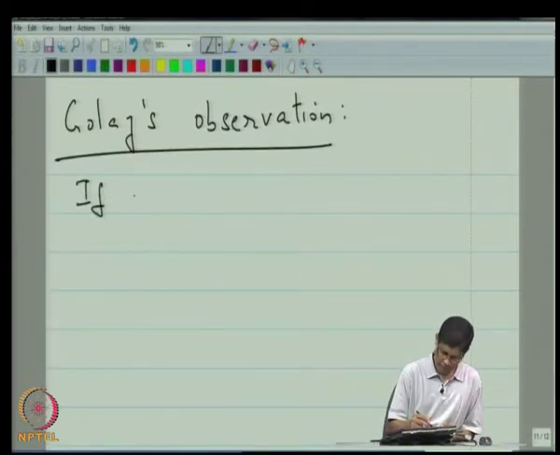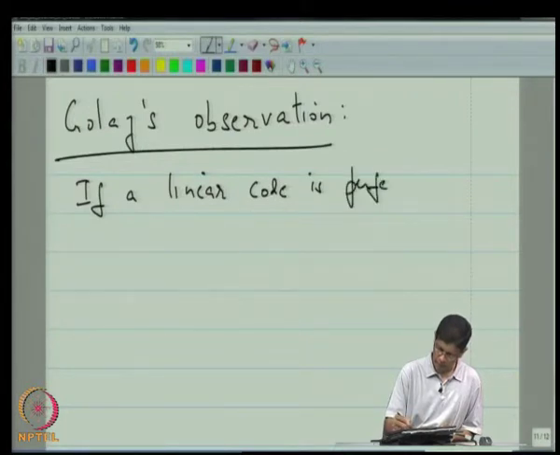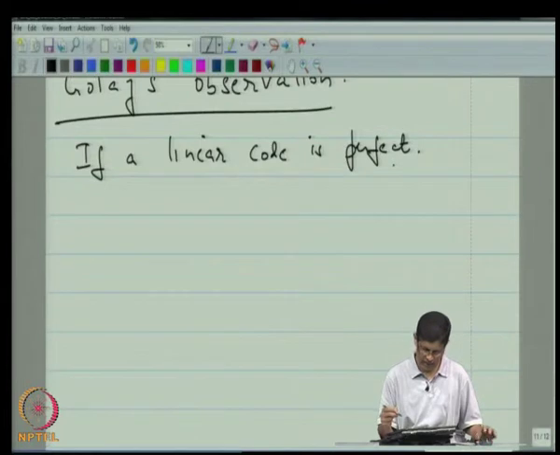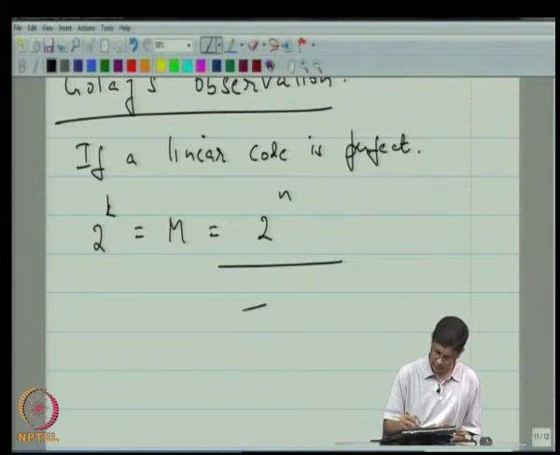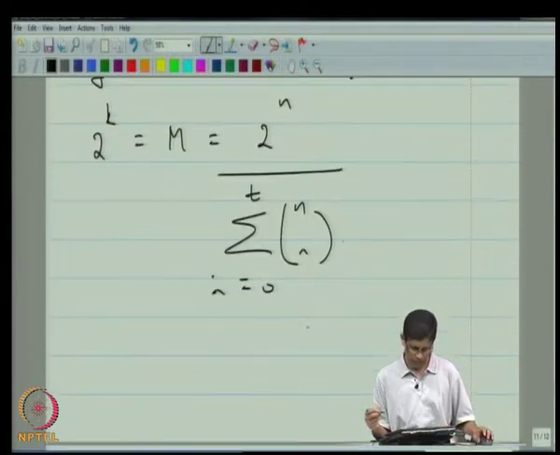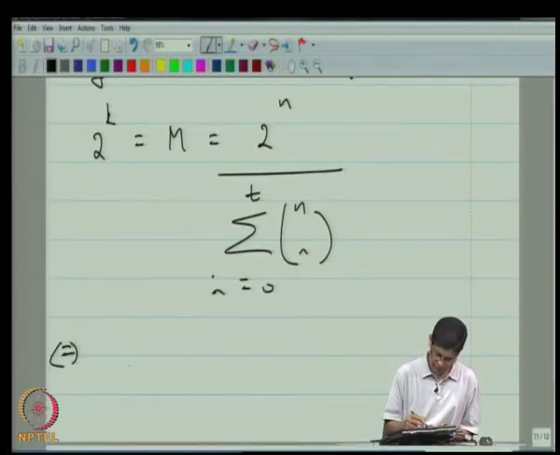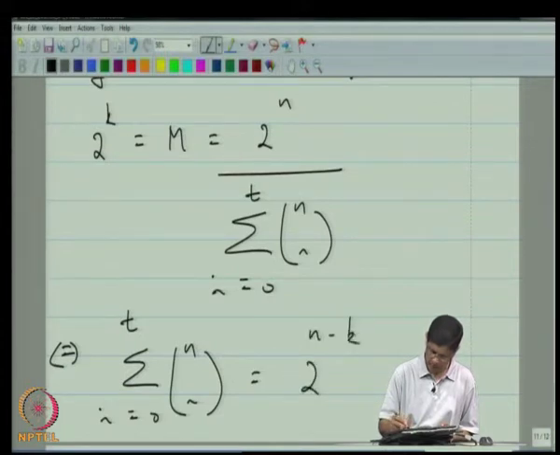If a linear code is perfect, then the size of the code must equal 2 to the n, or in other words, the sum over i equal to 0 to t of n choose i must equal 2 to the n minus k.